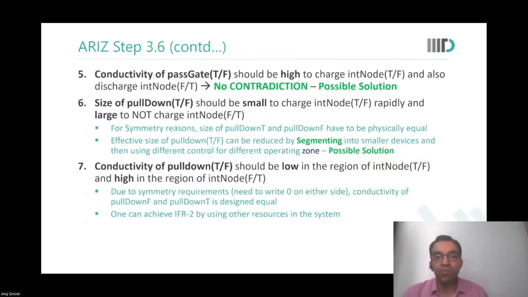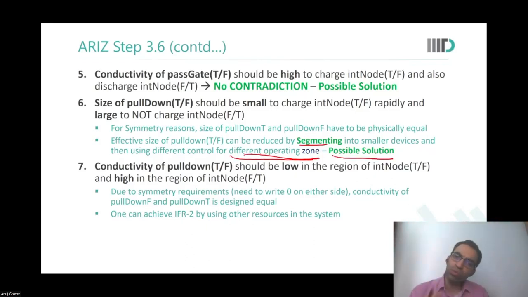6, size of pull down T should be small to charge int node F, should be large to charge int node T. So again, there is a possibility due to symmetry reasons that we cannot do it, but can I use segmentation again? So again, because they are in different operating zones, there is a possible solution over here.